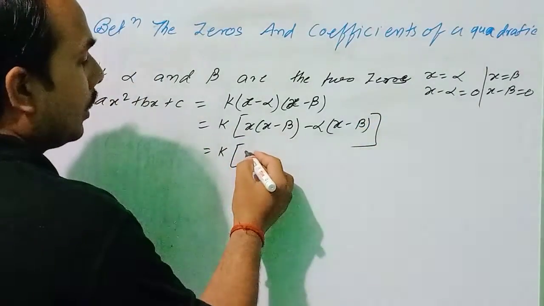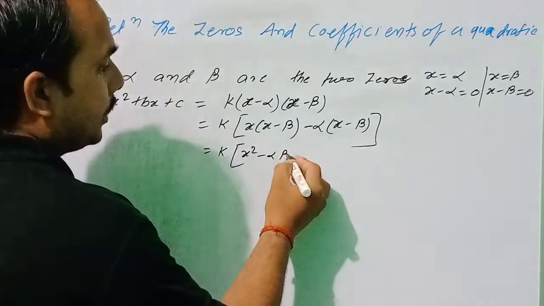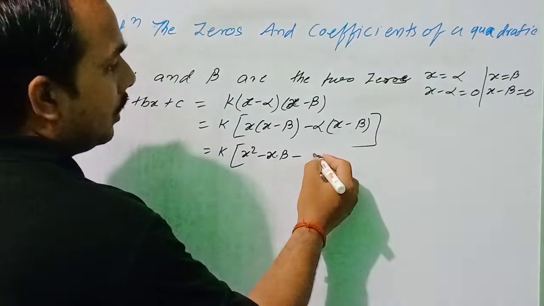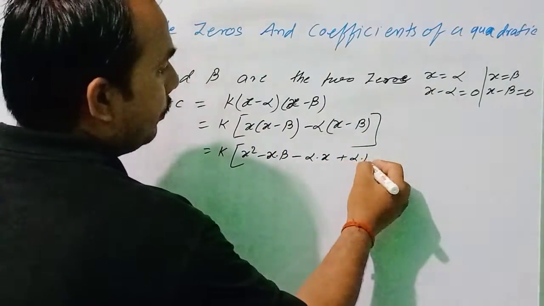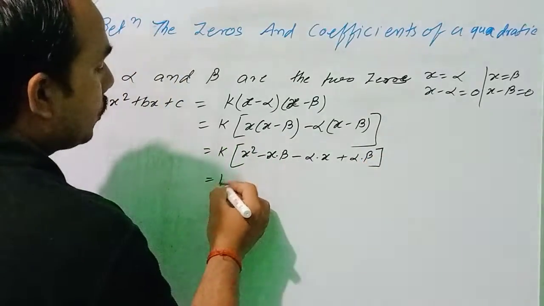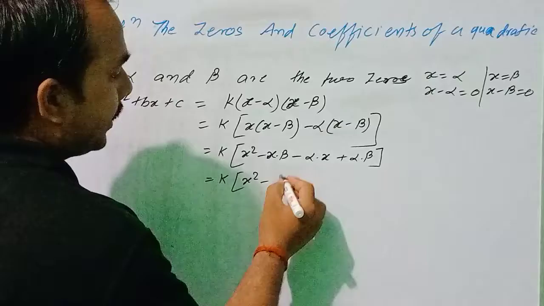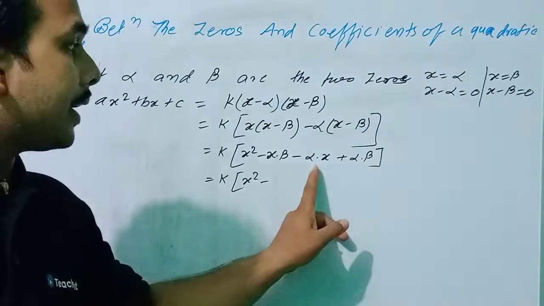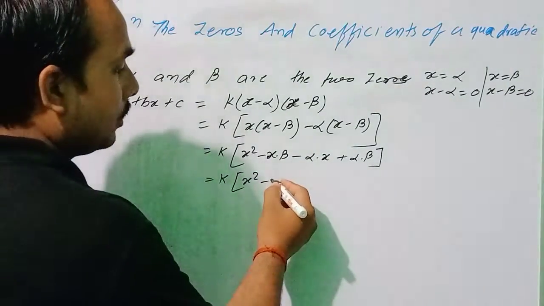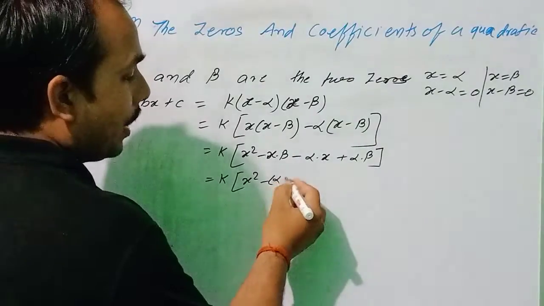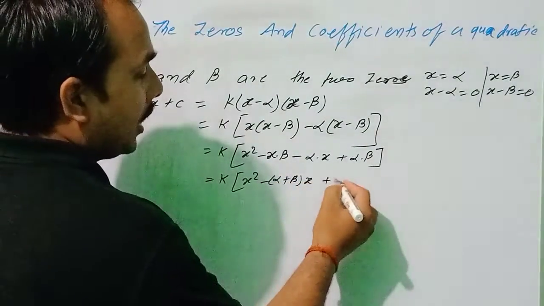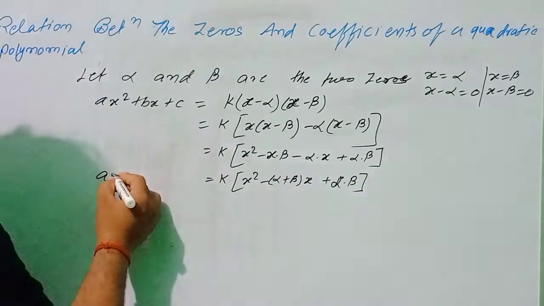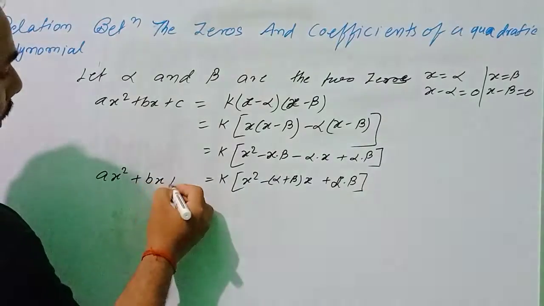Look here, k into x into x minus beta minus alpha into x minus beta. k x square minus x beta minus alpha x plus alpha into beta. So we will solve: k x square minus, here x beta and x alpha, we will take common and write alpha plus beta into x, and here alpha into beta, and here is your equation ax square plus bx plus c.